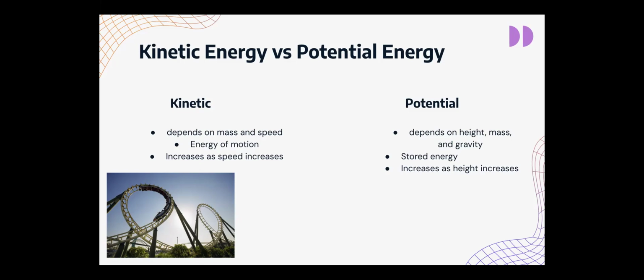As the kinetic energy increases, the speed also increases because it depends on speed, right? And when you're looking at this, you notice that the only thing related to both potential and kinetic energy is mass, correct? The other two, like height and gravity and speed, are not related. Because when you're talking about speed, we're talking about velocity. And when we're talking about gravity, that's acceleration.